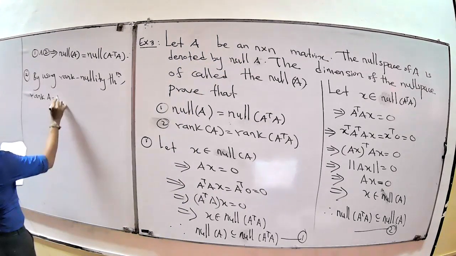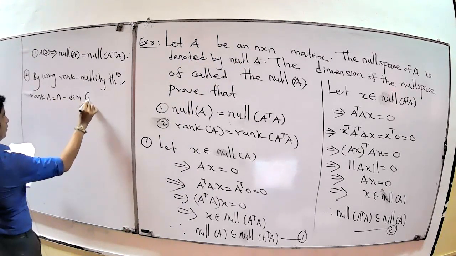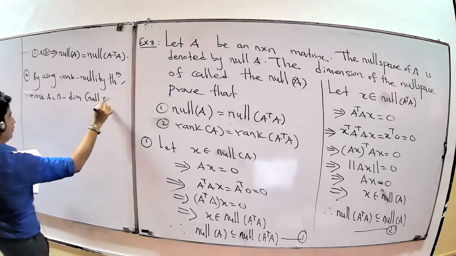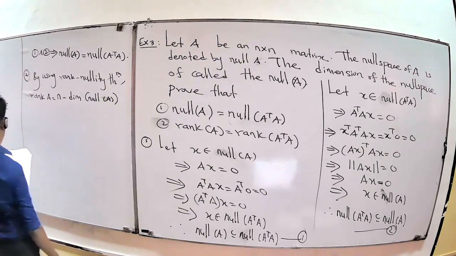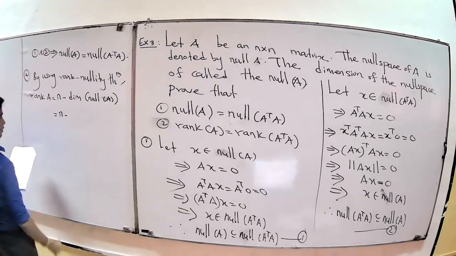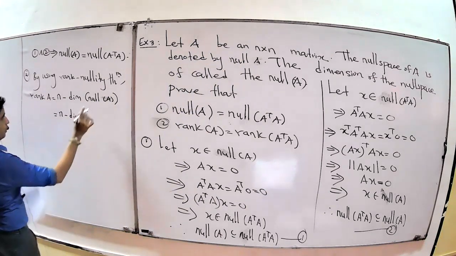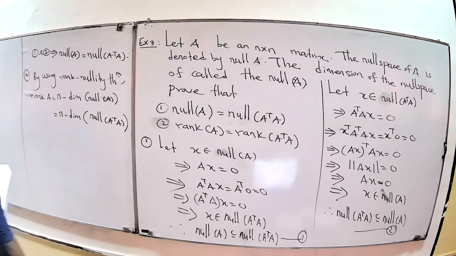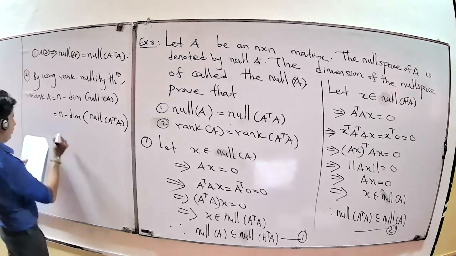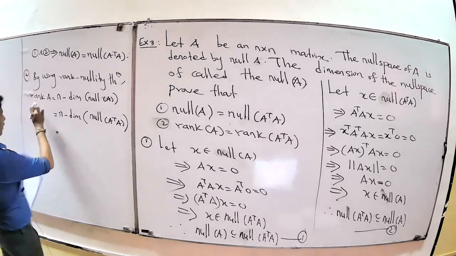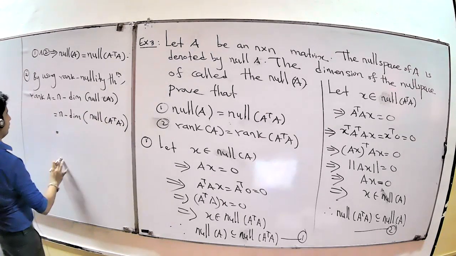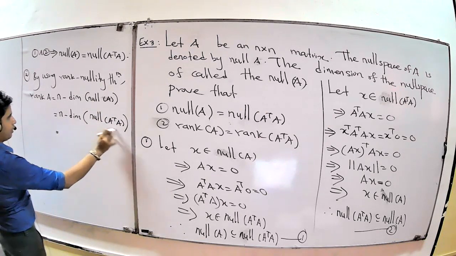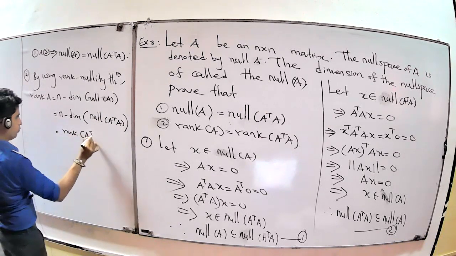Therefore, rank of A is n minus the dimension of null of A. We already proved null of A equals null of A transpose A. So rank of A equals n minus the dimension of null of A transpose A. Therefore, this is the rank of A transpose A.